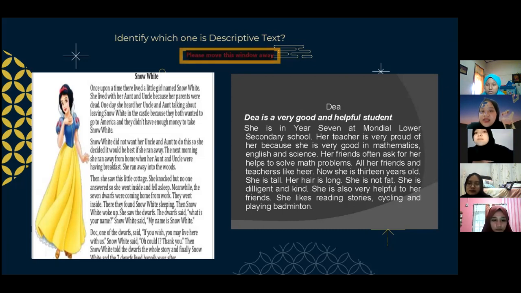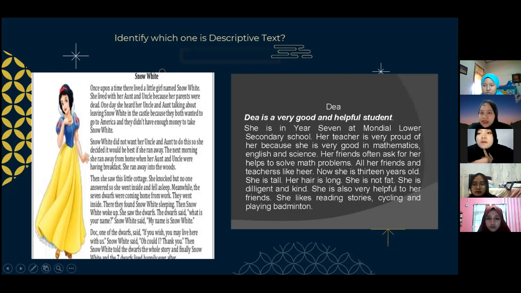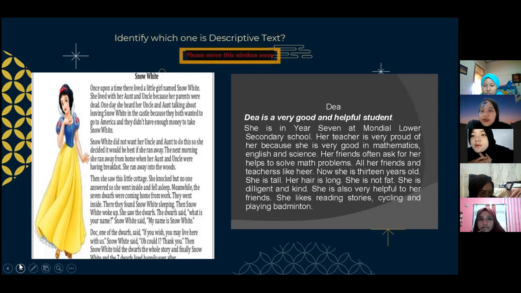She is in year 7 at Mondial Lower Secondary School. Her teacher is very proud of her because she is very good in mathematics, English, and science. What does this tell you about? It tells about her school background.